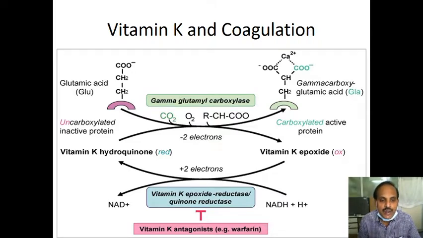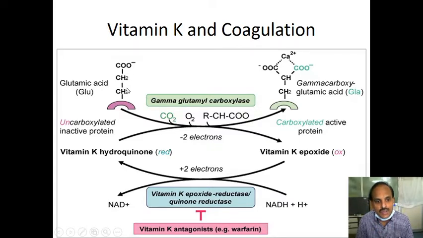To get converted into active form, they undergo one step called gamma carboxylation of the glutamic acid residues. Here on the left hand side, you can see the glutamic acid residues, and the glutamic acid residues are then carboxylated, that is, carbon dioxide is there, oxygen is there, and 2 electrons are donated, and the glutamic acid residues then become gamma carboxy glutamic acid through a gamma glutamyl carboxylase catalyzed reaction.